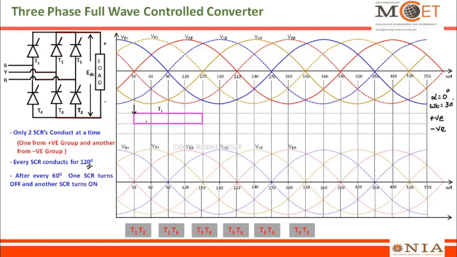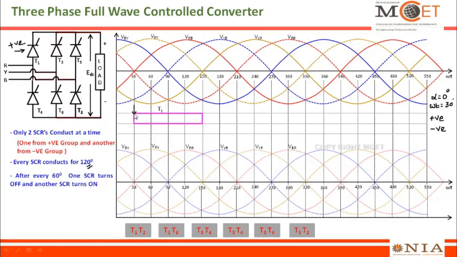T1 starts here and ends at 150, so its total conduction duration is 120 degrees. Since SCR1 belongs to the positive group, I have drawn the firing pulses for T1 in the top box. T1 starts at omega t equal to 30.